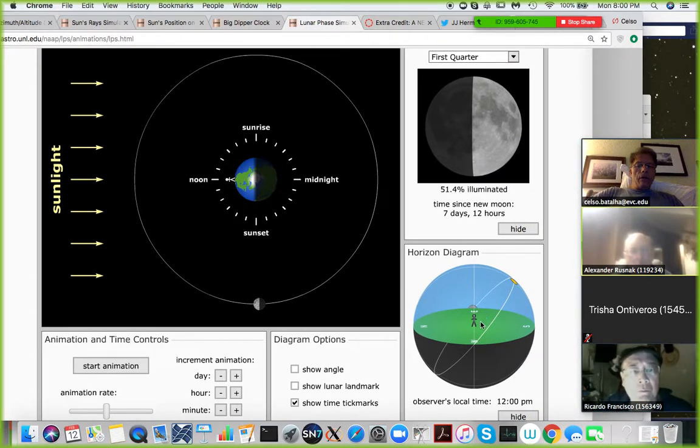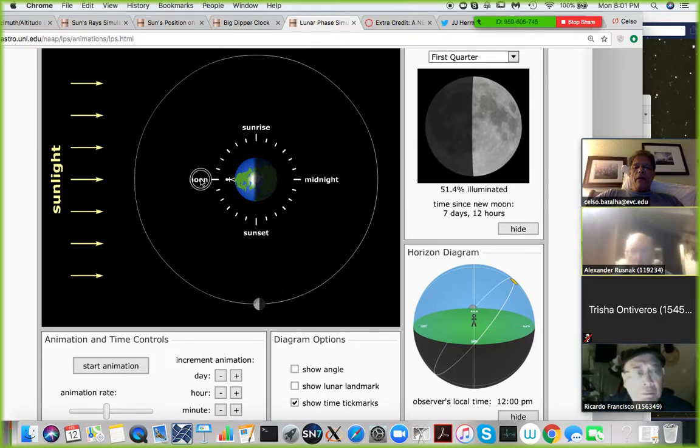Noon can be seen in this box with the sun higher in the sky. But the quarter moon is a quarter moon.